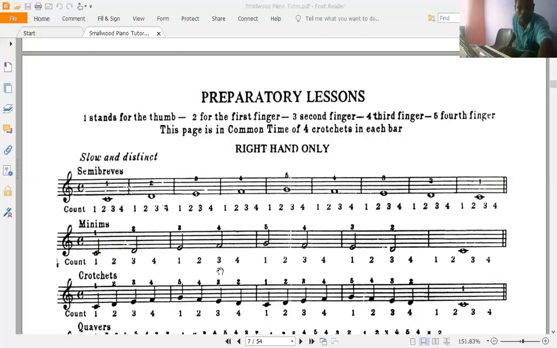Now, let me take you to another screen. So let me take you to another screen where I have a software.